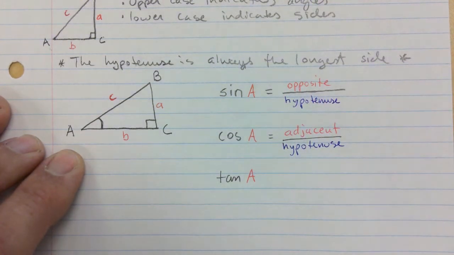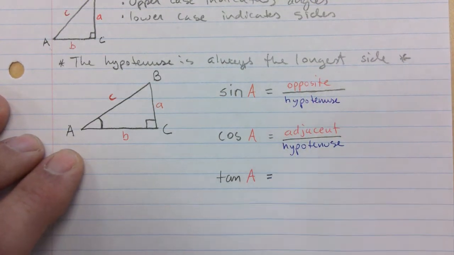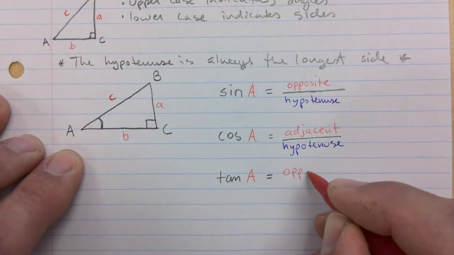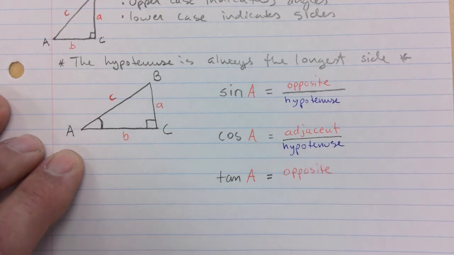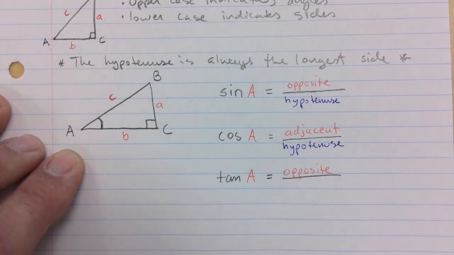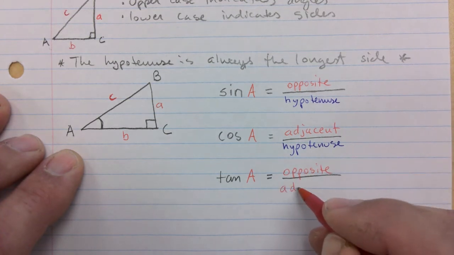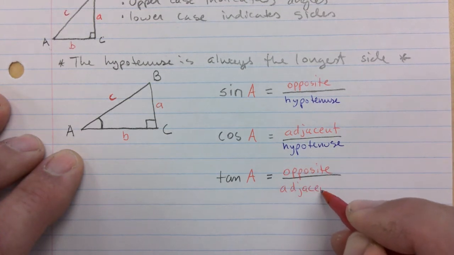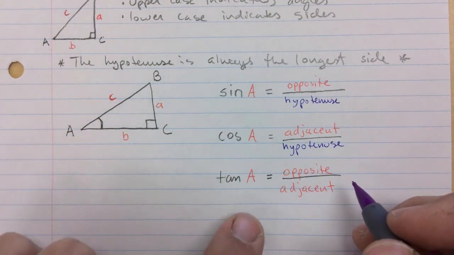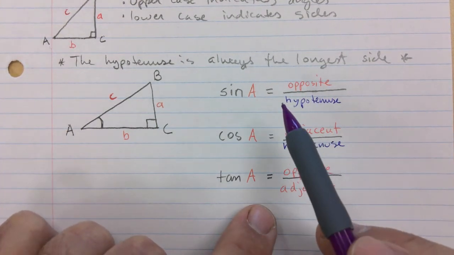The colored entries. Tangent would be opposite divided by the adjacent. Okay, and I will give you the formulas. I will give you something to help you remember.